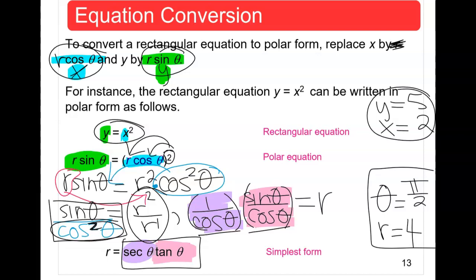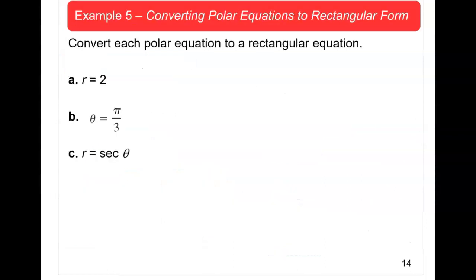So it is also possible that we could have just theta equals something, r equals something, or we could have both r and theta in our equation. So the last thing we'll do is convert from polar equations to a rectangular equation.